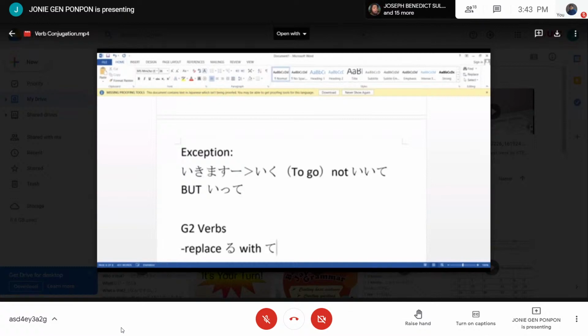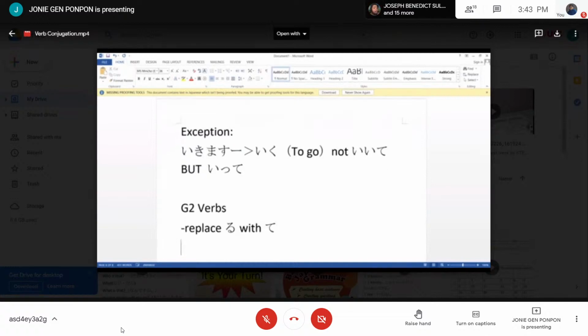Okay? So, madali lang, di ba? For group 2 verbs. So, example is taberu. From tabemasu.